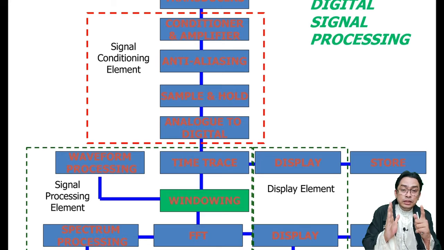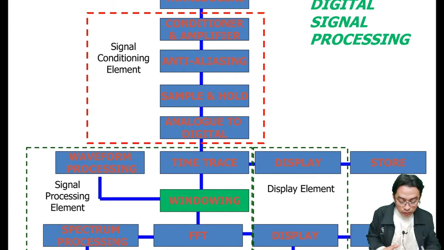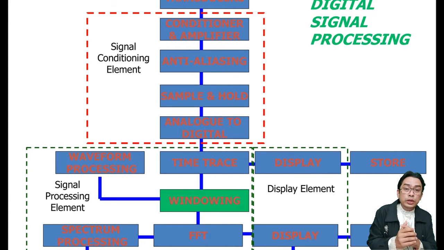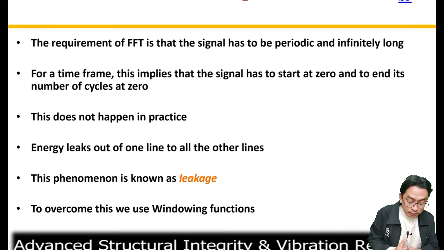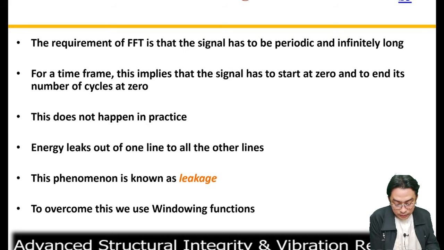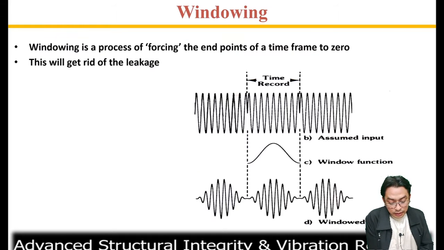So the frequency analysis, or in this case FFT, will use windowing. The windowing depends on the block size. So why do we need to do windowing? Because of the leakage. Okay. Let's say we have something like this.